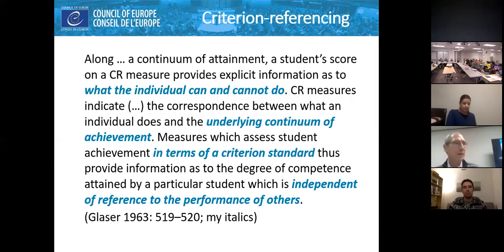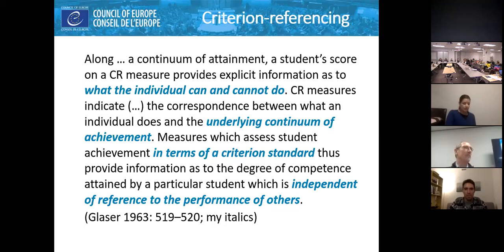And a CR measure is a measure which measures what the student can do in terms of this criterion standard. The original meaning of criterion standard is the continuum of ability. And where you put them on this continuum of ability is completely independent of, with no reference to, the performance of others. This was revolutionary in 1963.